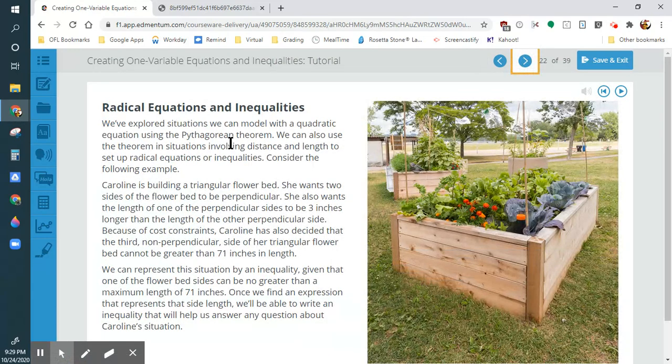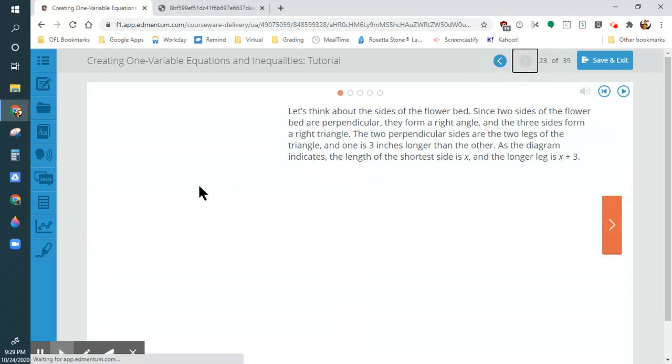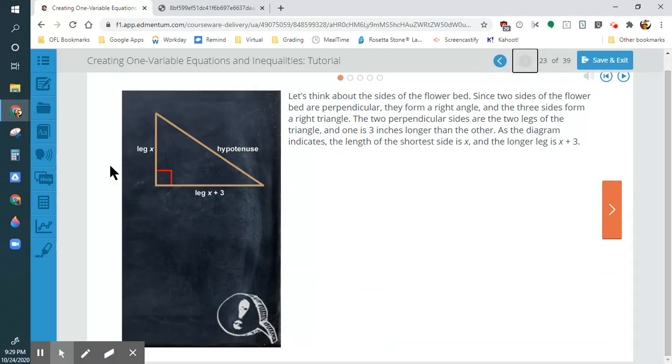Moving on. So now we're going to do radicals and inequalities. So if we want a greater than or less than. When we're talking about this, we're going to be talking about the area of a triangle, it looks like. Let's think about the flower bed. So here's our flower bed. A perpendicular.